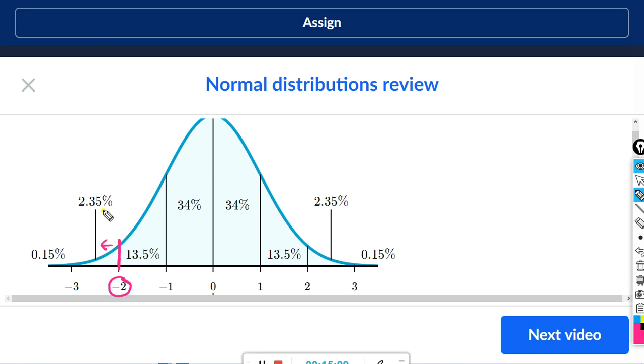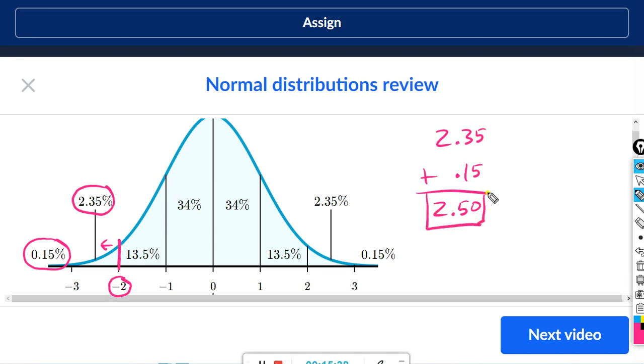All right, so the only percentages less than that are going to be this and this. All right, so we're just adding these two because we're only doing this small piece of the curve. So we have 2.35 and we have 0.15, and that's going to be 2.50. All right. So this small piece of the curve represents 2.50% of the whole thing.